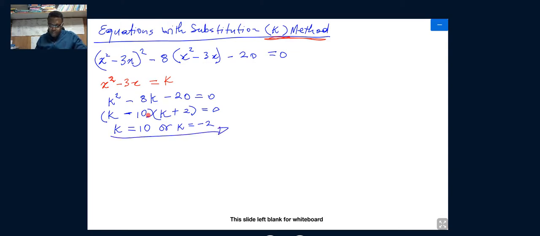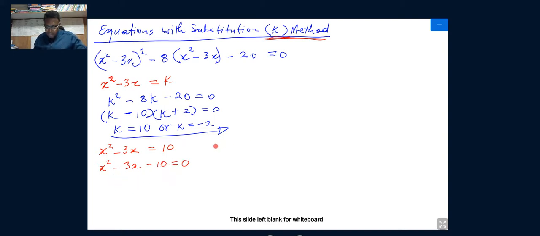This is not all. Remember, we have x squared minus 3x. Let me write it in red. We have x squared minus 3x equal to 10. So we have x squared minus 3x minus 10 equal to 0. You solve for this equation and find answers.